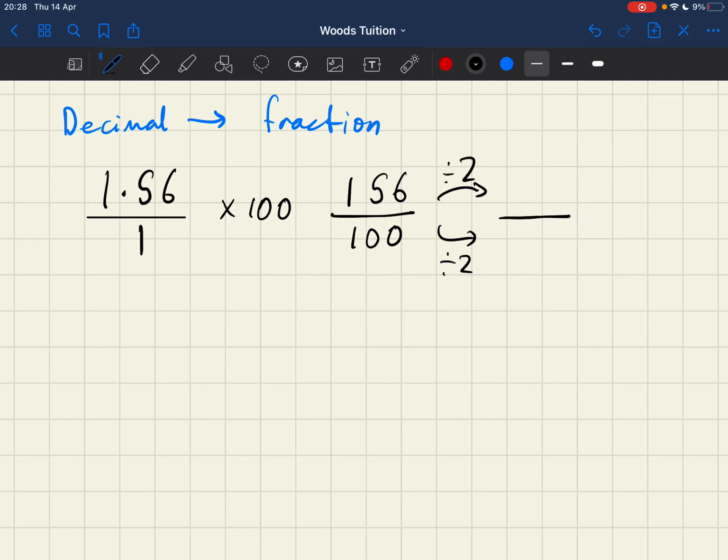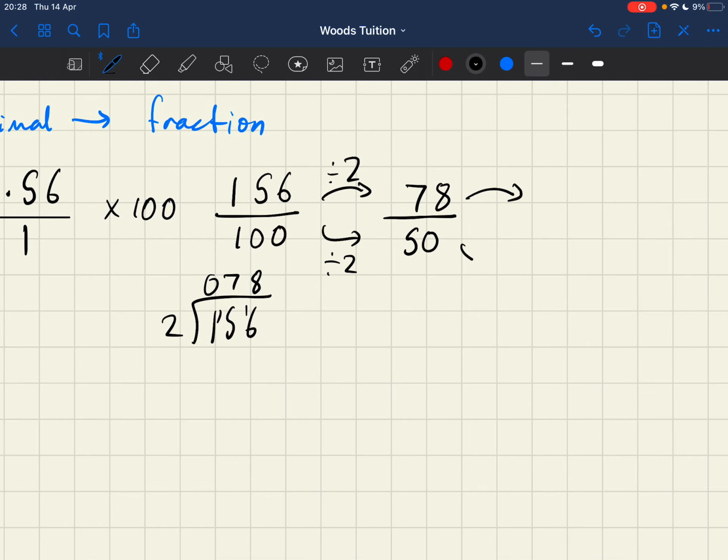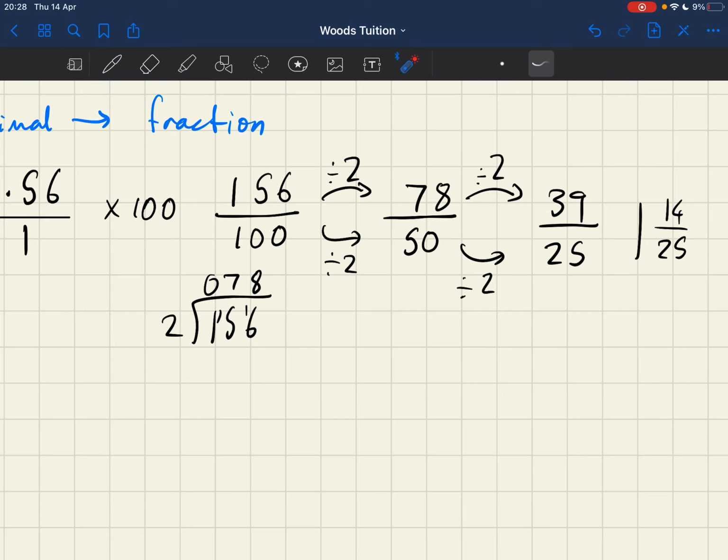So dividing by 2 is going to be over 50. 156 divided by 2 is going to give us 78. And 78 over 50 is also going to divide by 2 to give us 39 over 25. Okay, 39 over 25 is 1 and 14 25ths. I think, yeah, that looks right. And that's the final answer.